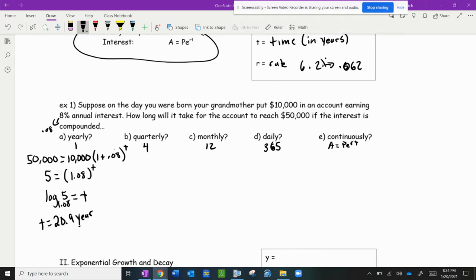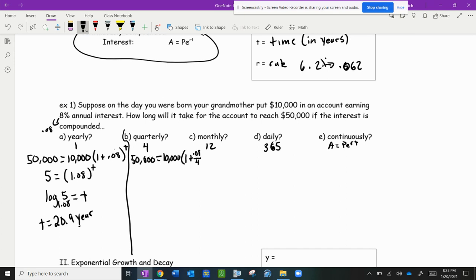So the next problem is quarterly. Soon we're going to realize that every single time I do this, I first divide by 10,000, so it's just going to be equal to 5 every time. And I'm going to do 1 plus 0.08 divided by 4.